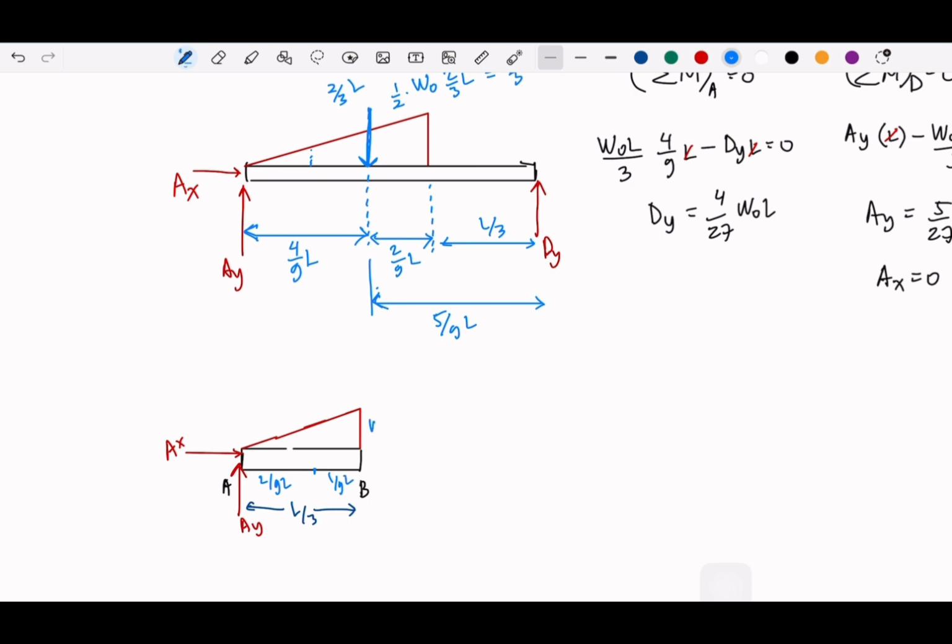And this will be the same W0, but this will be equal to half multiplied by 2 over 9 L times W0.